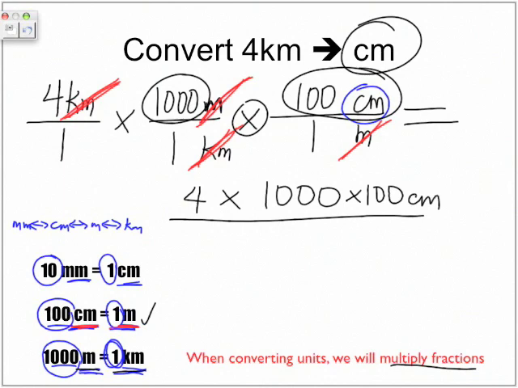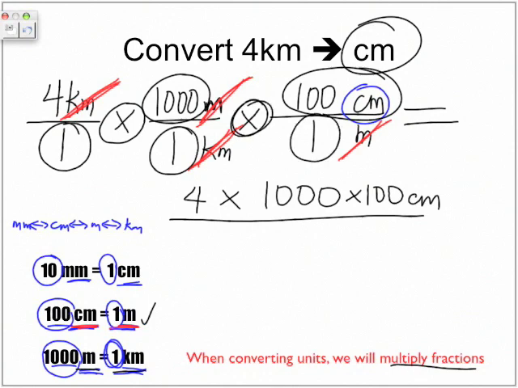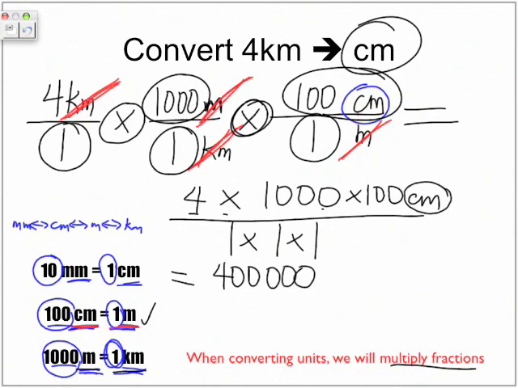In the bottom, I have 1 times 1 times 1. So when I simplify, I'm going to have 4 times 1,000 times 100, which will give me 400,000. What are the units? Centimeters divided by 1. And we know that anytime we divide a number by 1, it's whatever that number is in the numerator.